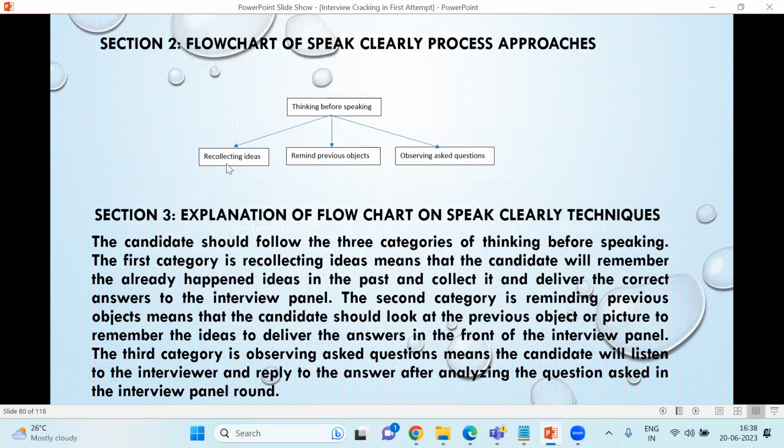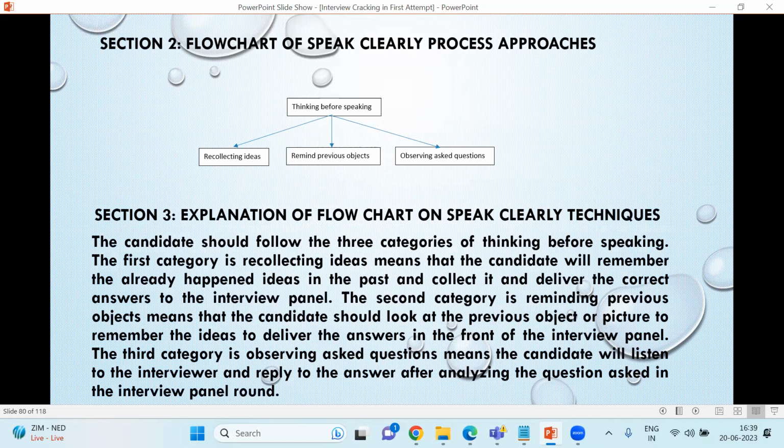First is recollecting ideas, which means that while speaking or providing an answer, the candidate should recollect the correct ideas, because assumptions will not work in the interview. Only correctness is preferable and most desirable to be evaluated by the interview panel.